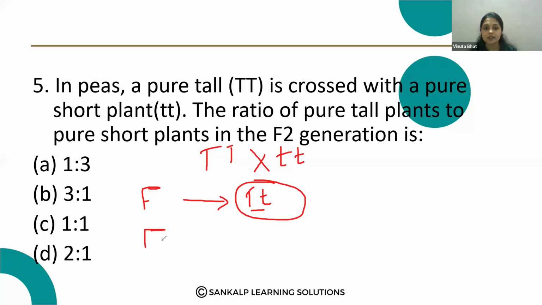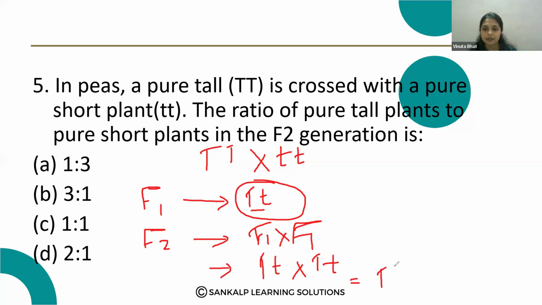For the F2 generation, when the F1 plants are self-pollinated, F1 into F1, these F2 plants, capital T small t into capital T small t, give capital T capital T, capital T small t, capital T small t, small t small t.